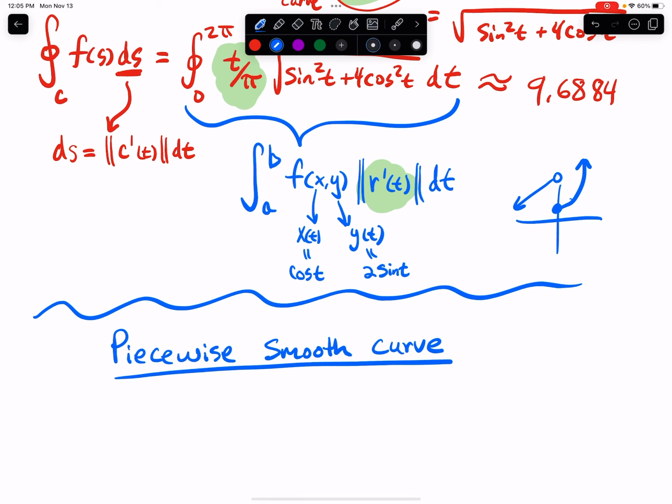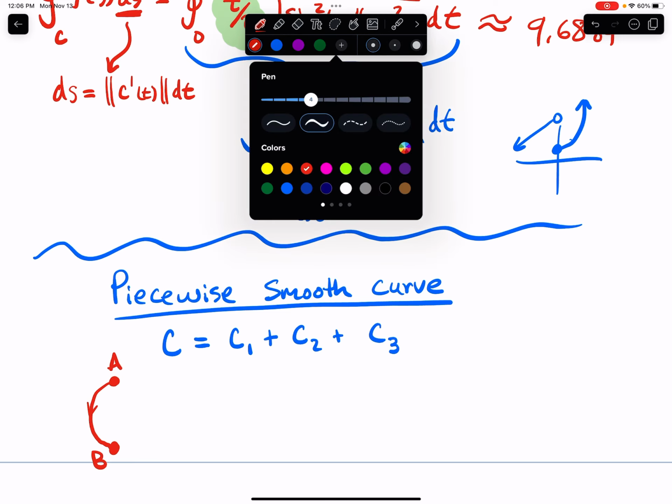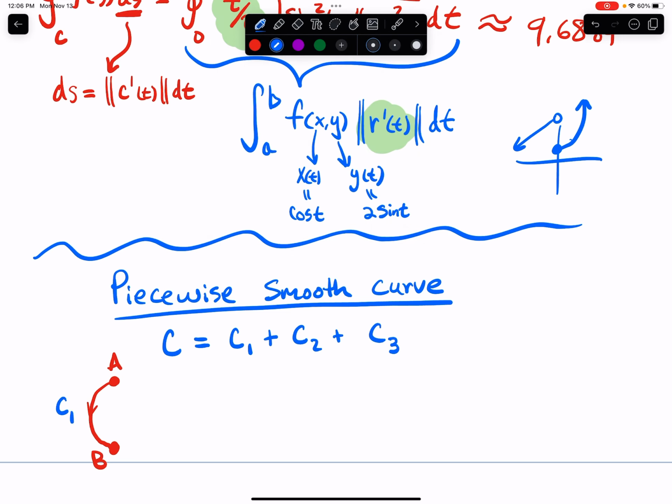A piecewise smooth curve is like if I had a curve C and the individual pieces C1, C2, and C3 are smooth, but when I put them all together, they're not smooth, or they could be smooth, but it's still a piecewise smooth thing. To give you an example, I go from A to B, and that curve looks smooth. I'm following this path here. Say that's C1.